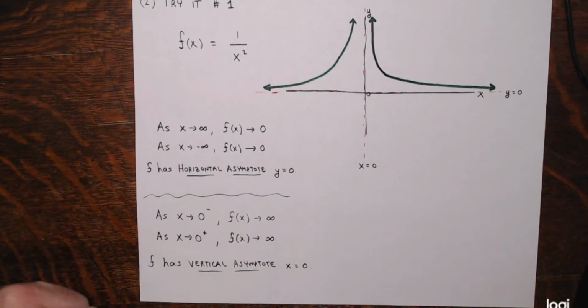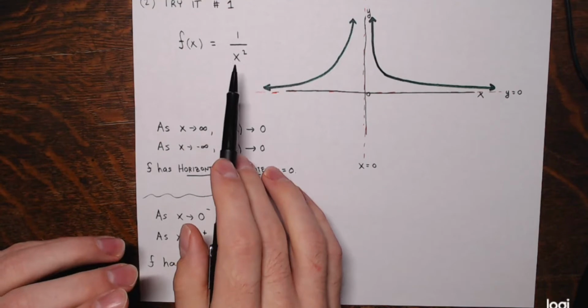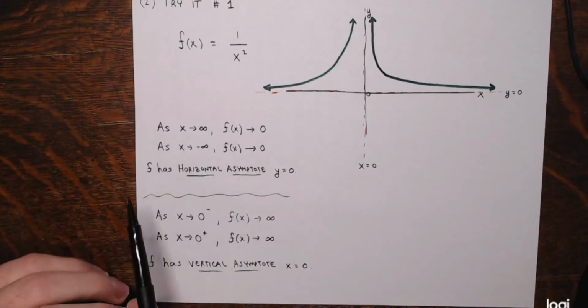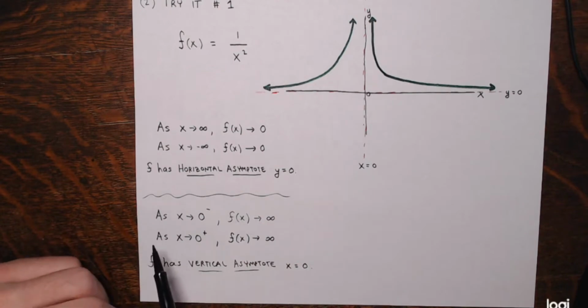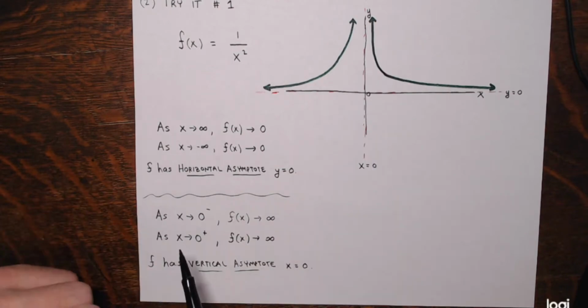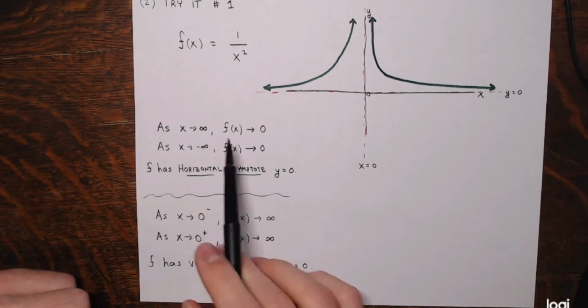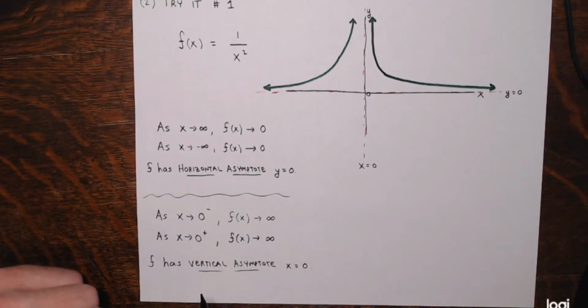And that's it. Again, the key there was remembering what the reciprocal squared function looked like. Again, this is a rough drawing. It should be more symmetrical than what I've drawn, but it's got the general idea down. And that's all you need to be able to describe this end behavior and local behavior.